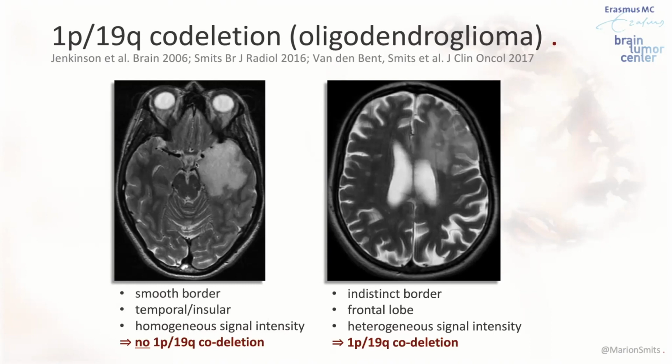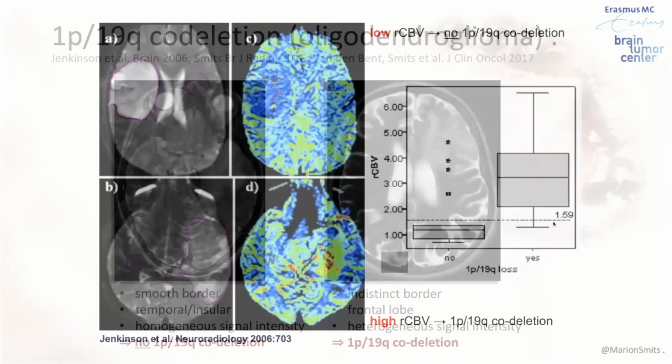This is a much more homogeneous tumor. You can outline it. You can really see a very nice sharp border, whereas this tumor is much more heterogeneous. It's a bit of a vague border. It's very commonly located in the frontal lobe. So we can already, based on our visual assessment, give some impression of this tumor diagnosis. And I'll come back to that in a minute, how good we are.